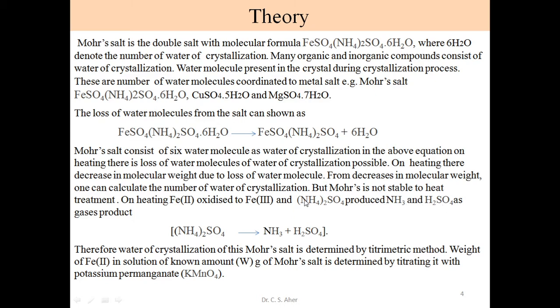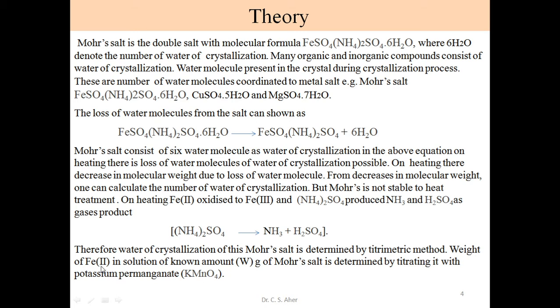Thus the gravimetric method is not suitable in the case of Mohr salt. This is the decomposition of ammonium sulfate to form these gases, and therefore the water of crystallization of Mohr salt is determined by the titrimetric method, that is the titration method.